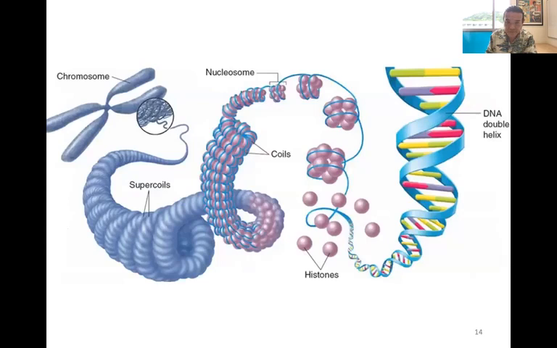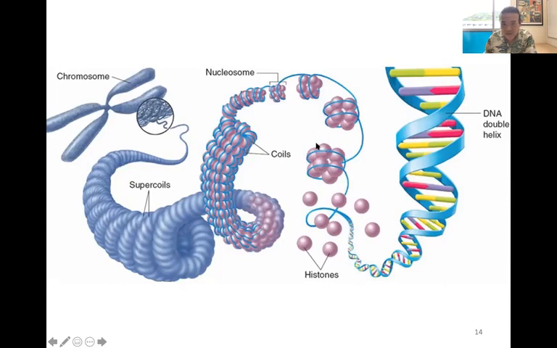Okay. So this then is a nice summary cartoon that helps you appreciate these different levels of organization. We start with the DNA double helix, the naked DNA, that contains all of our genetic information. It wraps around histone proteins, the histone proteins that come together to form an octamer that we call a nucleosome. So about 146 base pairs of DNA are associated with the nucleosome.